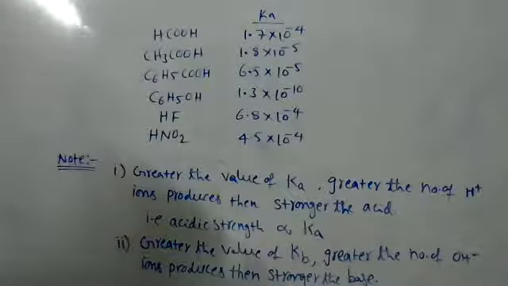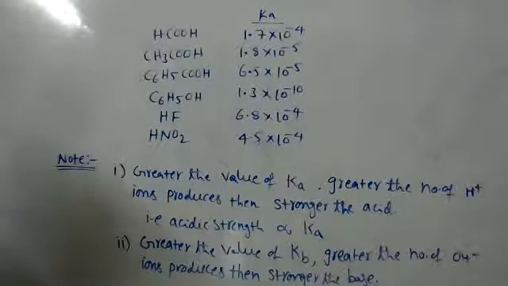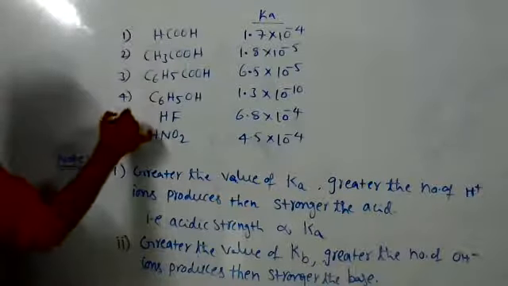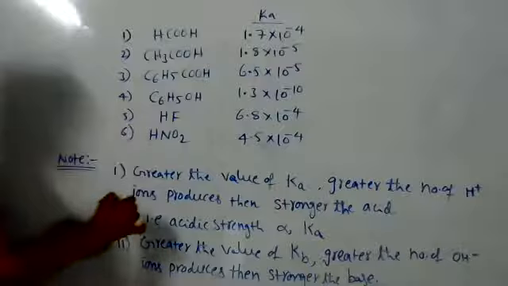See, which is the stronger acid here? HF. Yes, HF is the stronger acid. I will write numbers 1, 2, 3, 4, 5, 6.